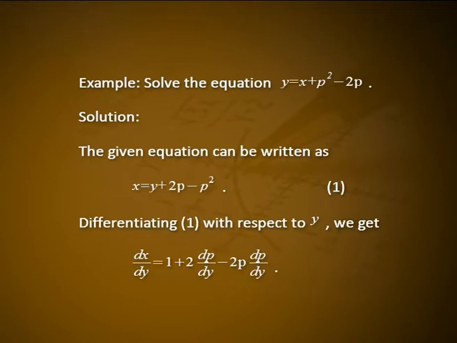Differentiating equation 1 with respect to y, we get dx by dy is equal to 1 plus 2 into dp by dy minus 2p into dp by dy. That is, 1 by p minus 1 is equal to 2 into 1 minus p into dp by dy. That is, 1 minus p into 2p dp by dy minus 1 is equal to 0.